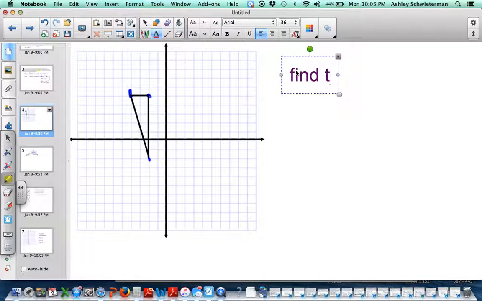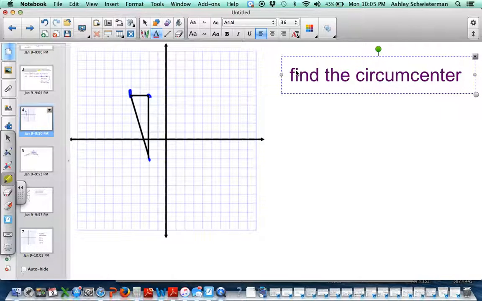So find the circumcenter. So first we have to ask ourselves, what is the circumcenter? The circumcenter of a triangle is the point where the perpendicular bisectors meet.